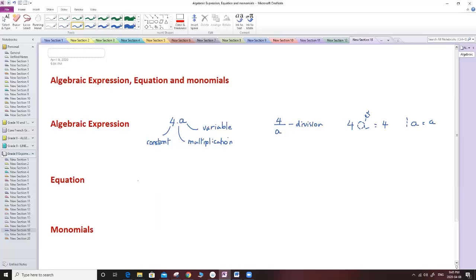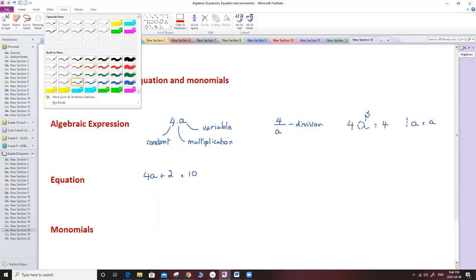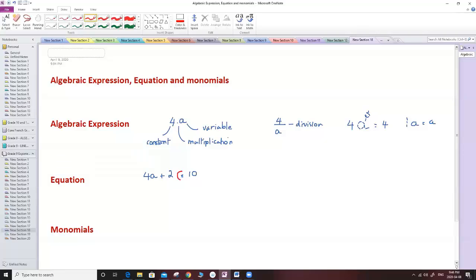But what the meaning of equation? Equation is a mix between algebraic expression and the equal sign. So if I'm saying, let's say, 4a plus 2 equal 10, because of this equal sign, we call it equation.